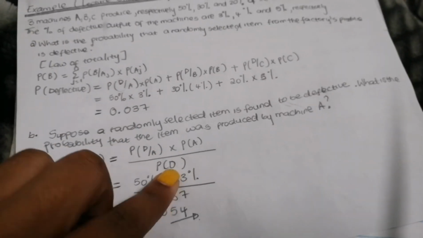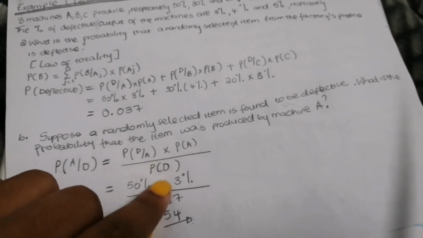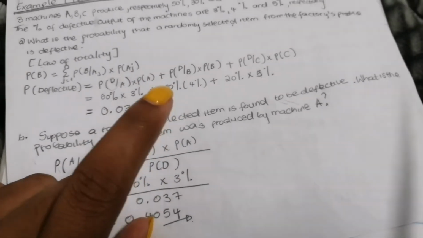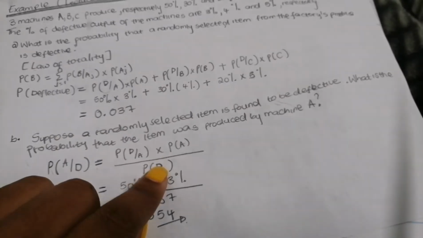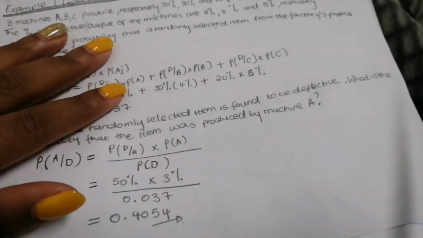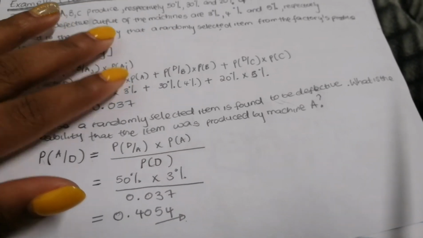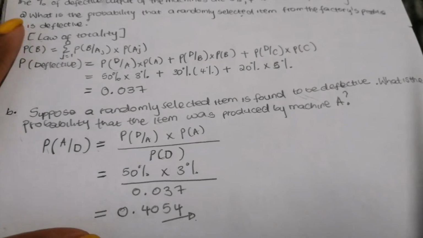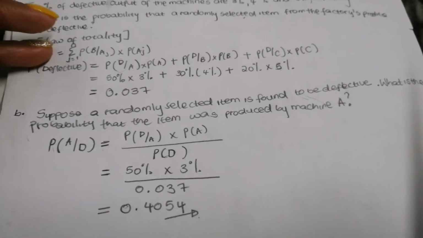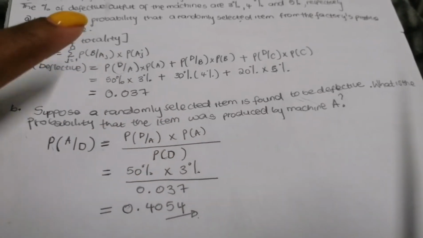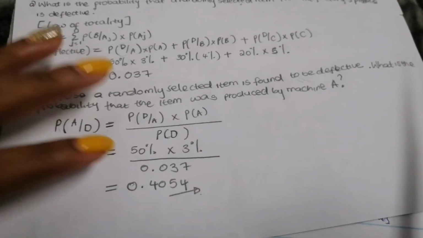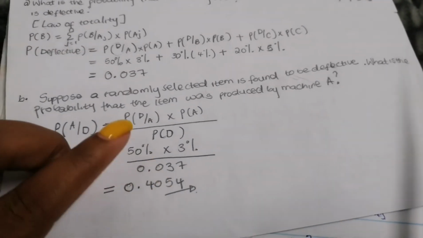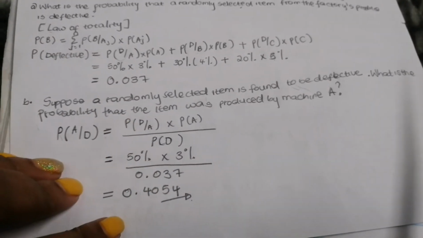So I told you that the total probability, or your denominator, you will solve it using what? The law of totality. Okay, likely in this one, the first question was to find PD. So you've got that. What you are going to do is substitute and get your answer.